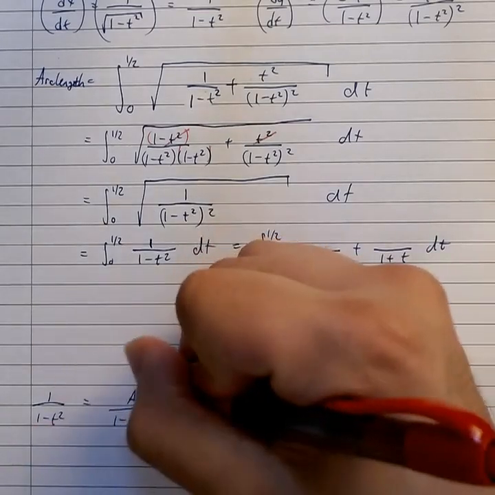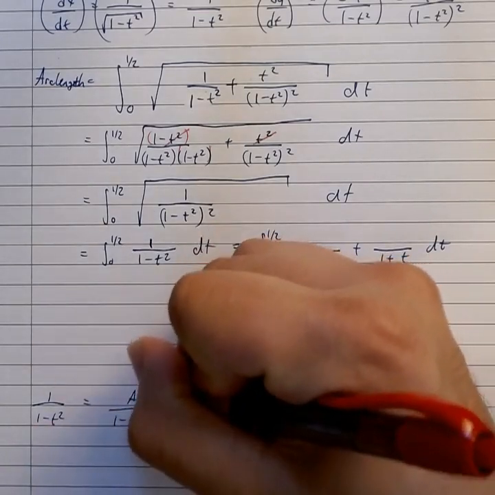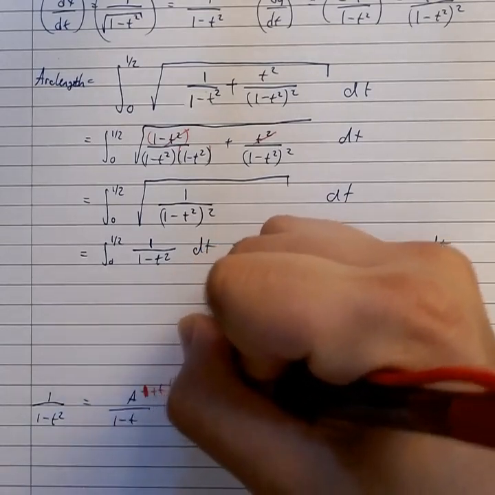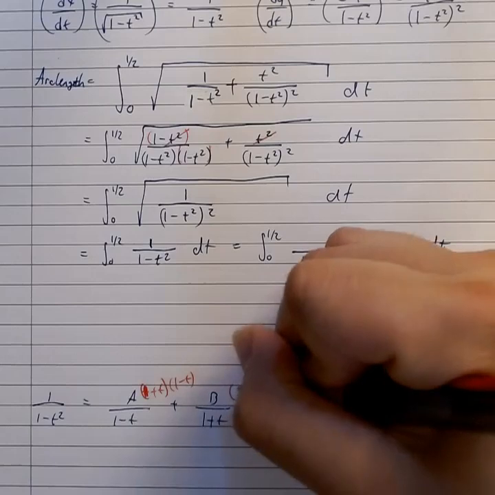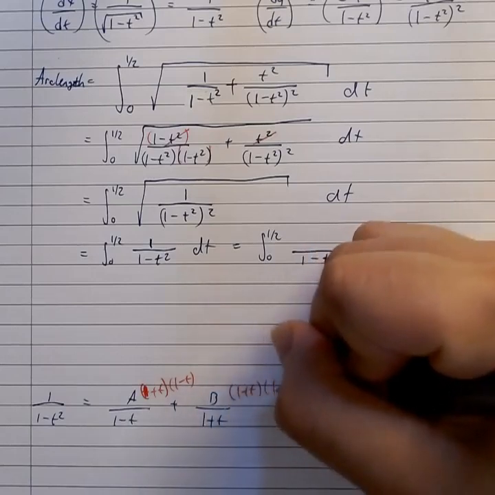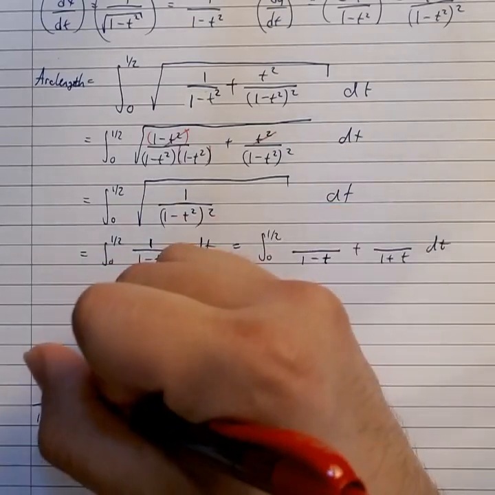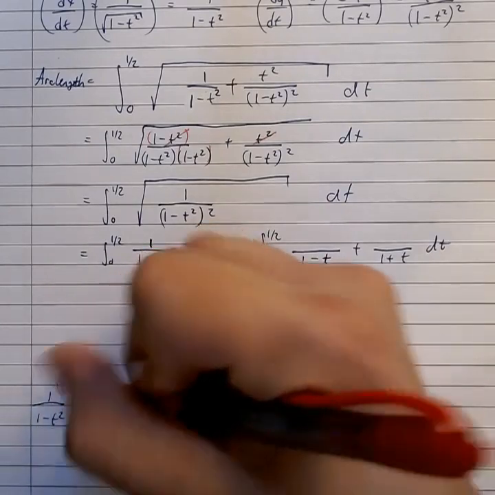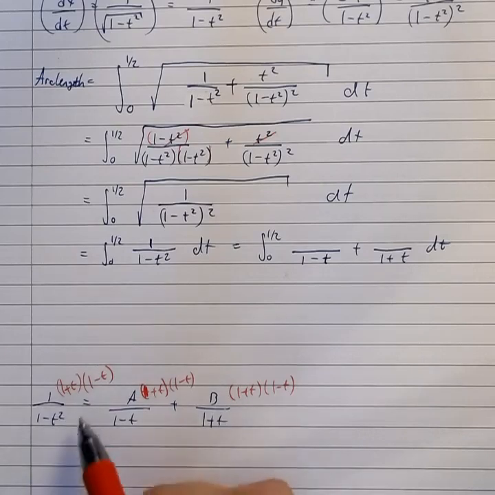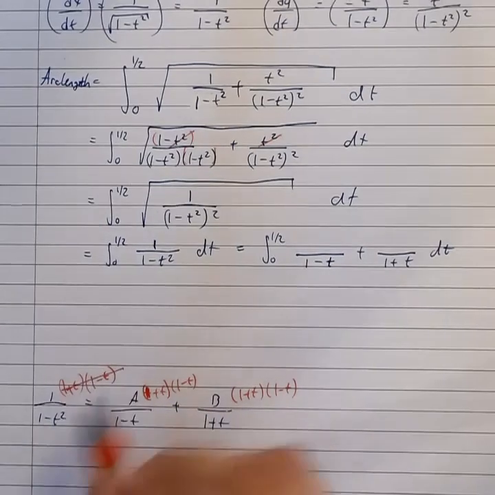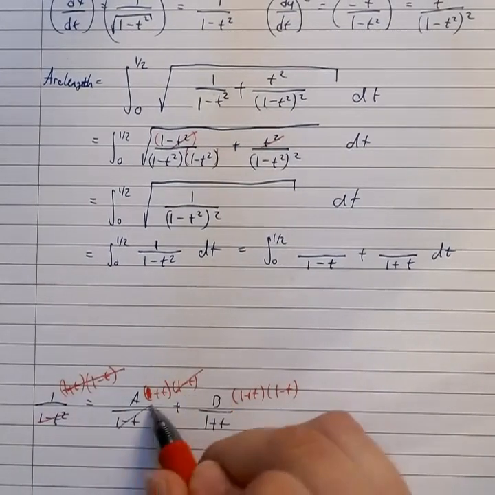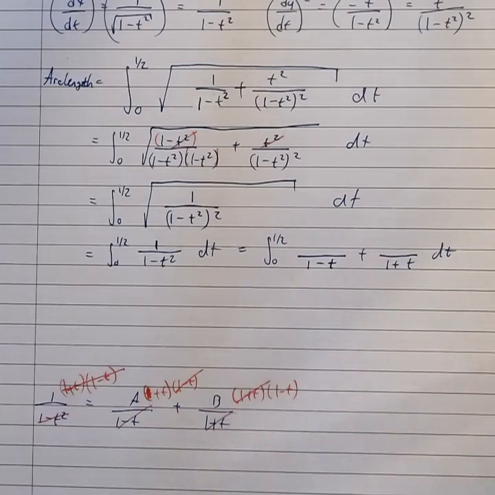I can now multiply this by 1 plus t and 1 minus t, all the way across. Those make that go away. These two divide away, and these two divide away.